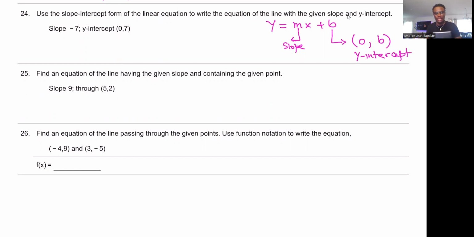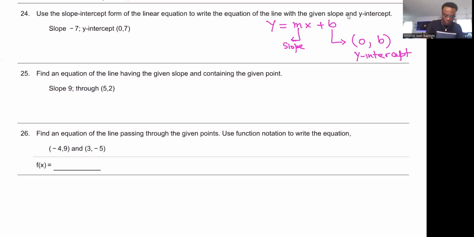Let me say that again. Y equals mx plus b. M, the coefficient of x, is the slope, and the y-intercept, the point at which the line crosses the y-axis, is (0, b).